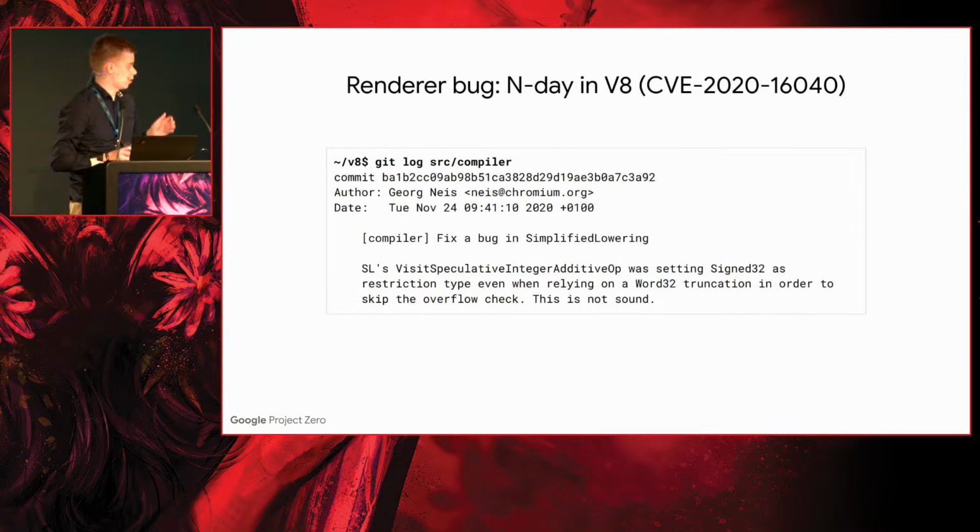So just a couple of words about the renderer bug. We tried to cut corners, obviously, and build an n-day chain first. So we started by looking for recently fixed issues that hadn't yet made it into the latest stable release of Chrome. And Chrome OS actually helped us because it lags a few days behind other platforms.